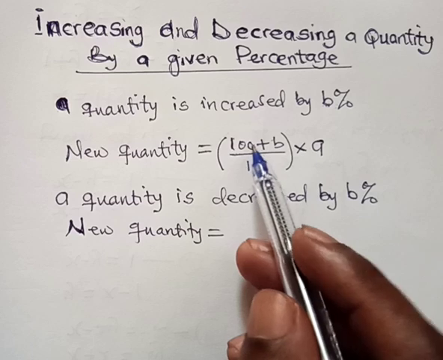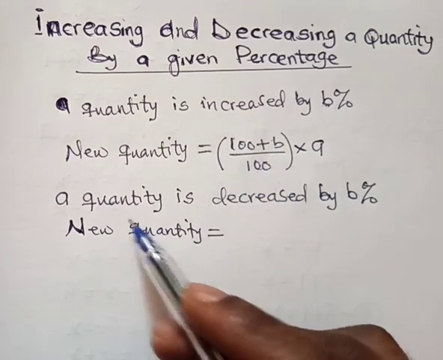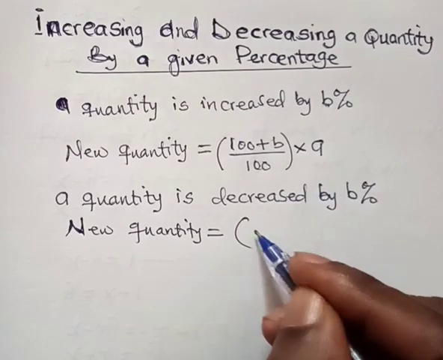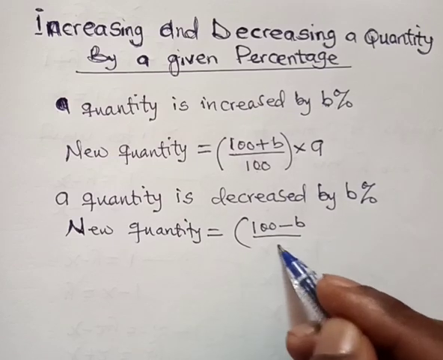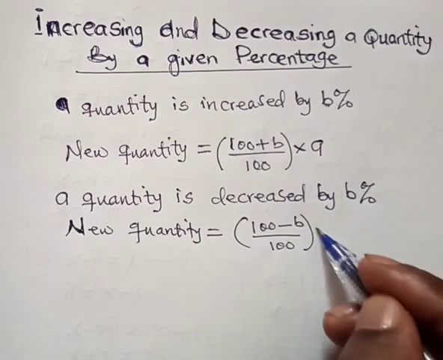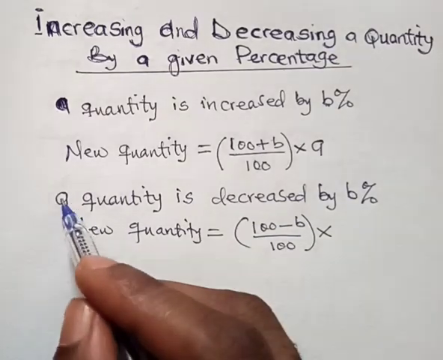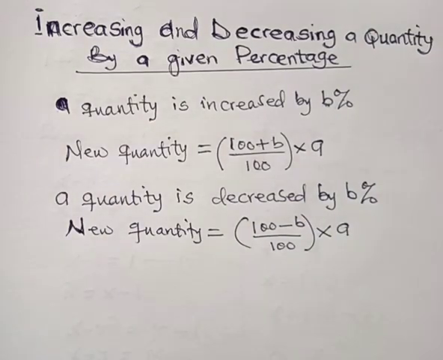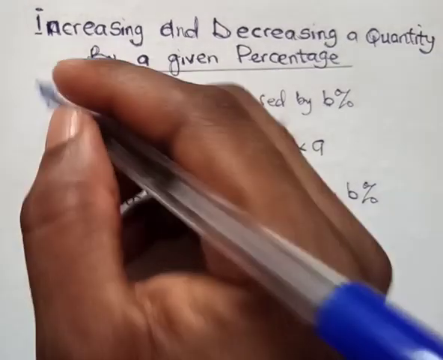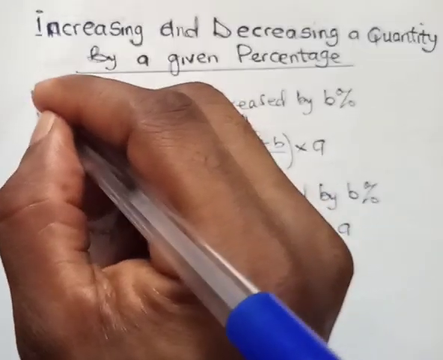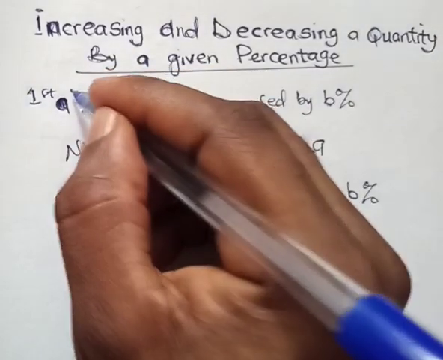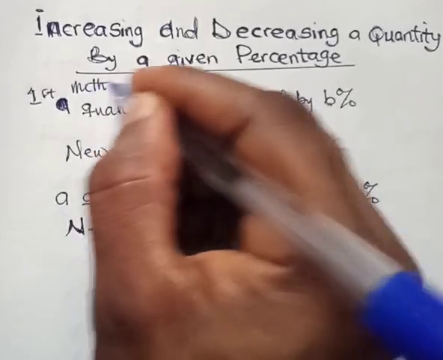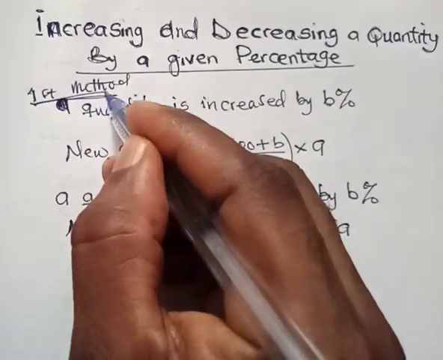Now, since in the increment we added, for the decrement we are going to subtract. So it's going to be 100 minus my B, all divided by the 100 times the original quantity, which is my A. So this is one way we can solve this. This is my first method.